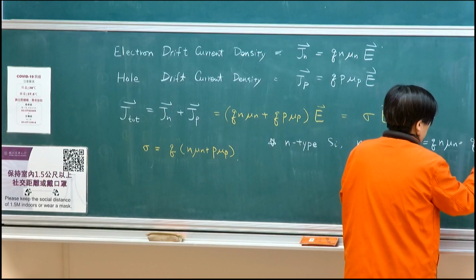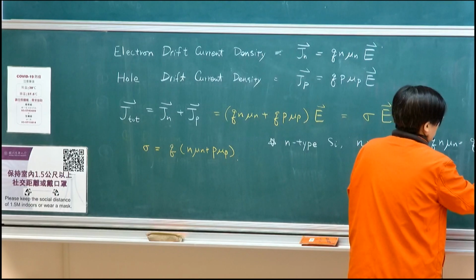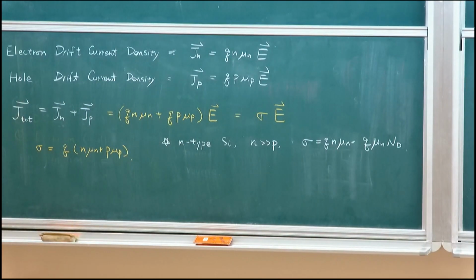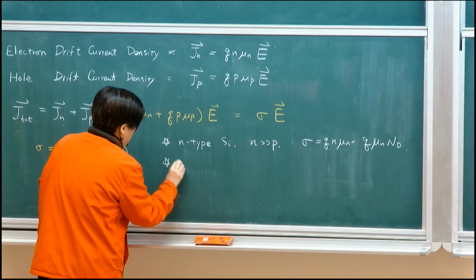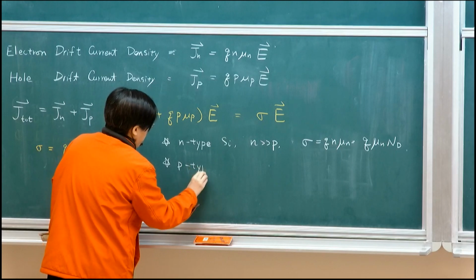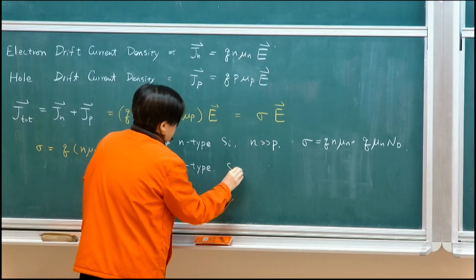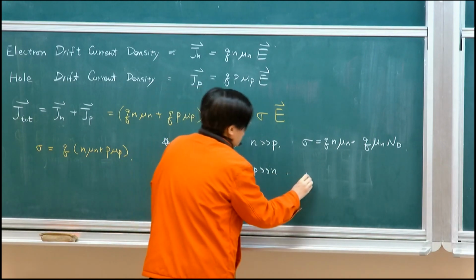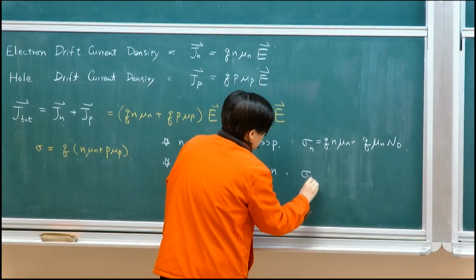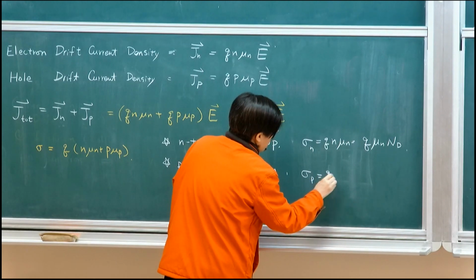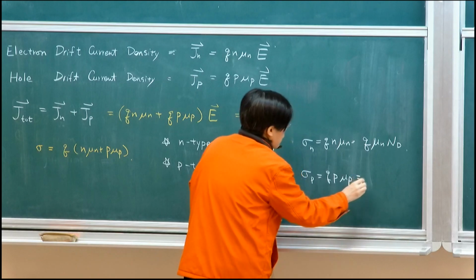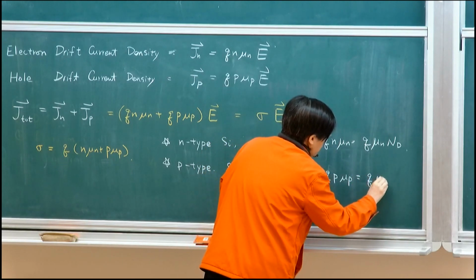And let me write down, these are mostly constant, and it will depend on your doping level, right? For p-type, p is much larger than n, therefore your sigma for p-type will be q p mu p.